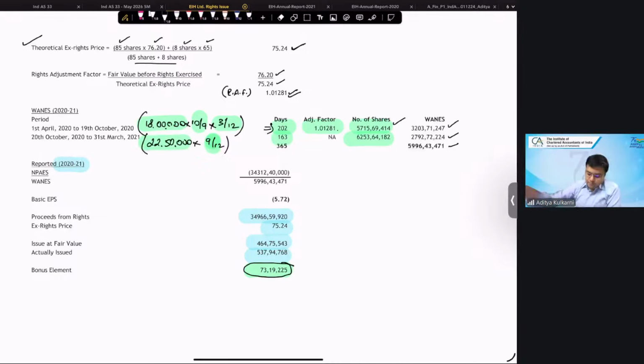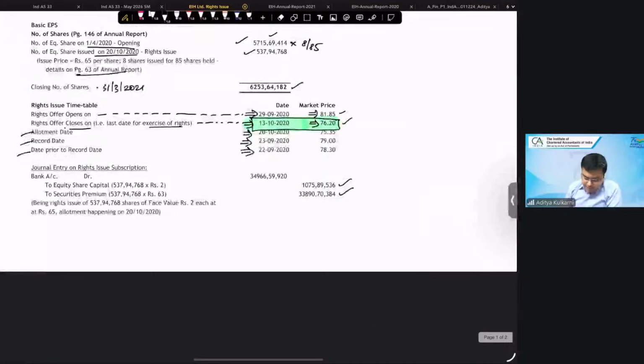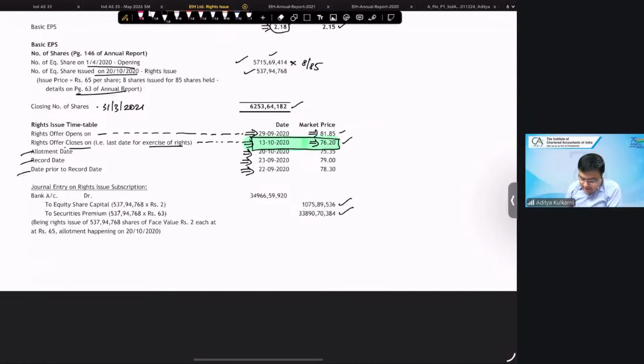Okay. You can see here, from the rights, how much money did you get? It is nothing but the number of rights shares 5,37,94,768 into 65. This is the money. They have collected how much? 349.67 crores. Almost 350 crores they have collected.